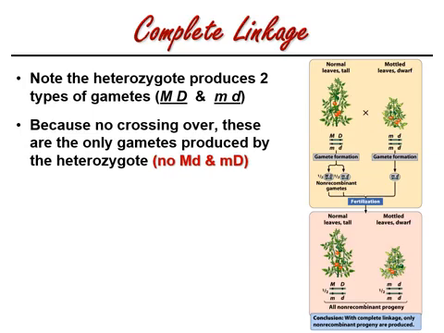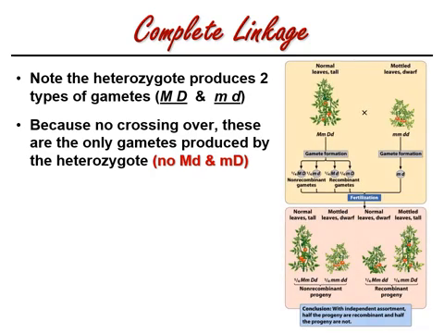Now, if this was happening according to what we've learned before, where you had independent assortment, we would expect to see four different phenotypes. This is not exactly like we used to do, heterozygote by heterozygote, but now we're doing heterozygote by homozygous recessive.